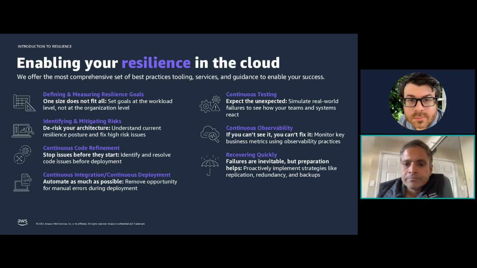So the next point here is continuous observability. Implementing observability practices is imperative for resilient architectures. If you can't measure it, you simply can't improve on it.